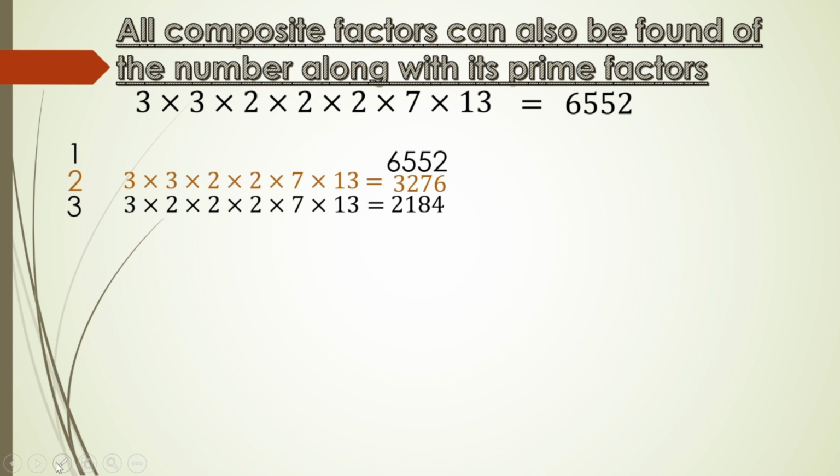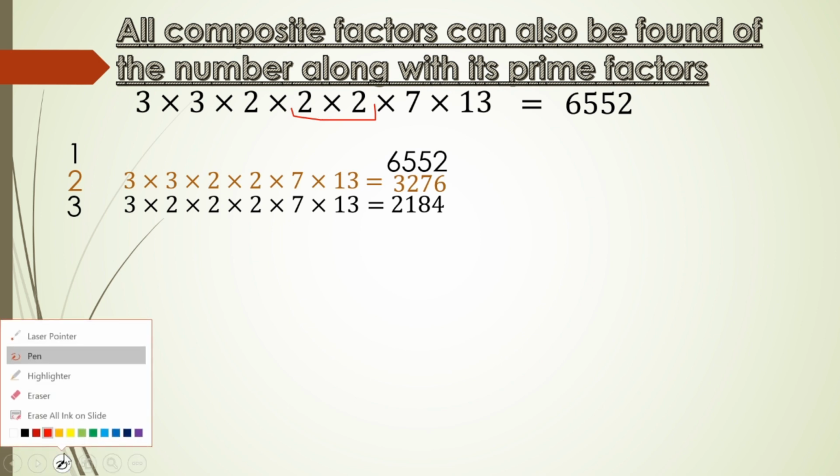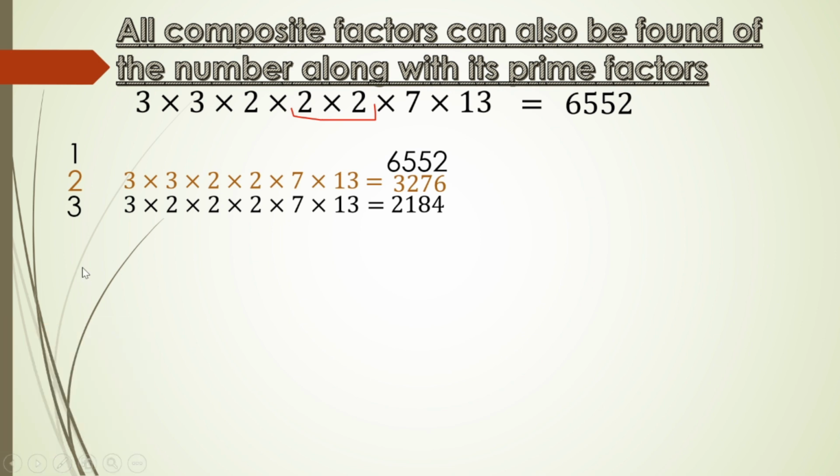So now what will we do? 4 is present, so to write the cofactor we will not write these two prime factors, we will write the rest. So 4 is a factor and the cofactor is 3 into 3 into 2 into 7 into 13. The cofactor will be obtained by multiplying these. So the cofactor is this, which is this.